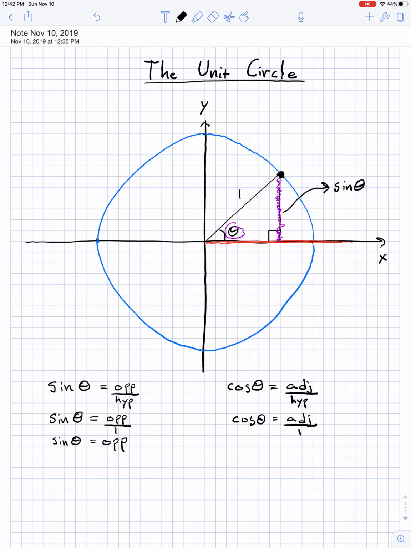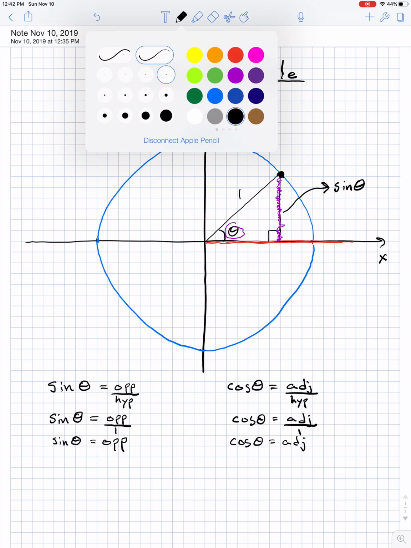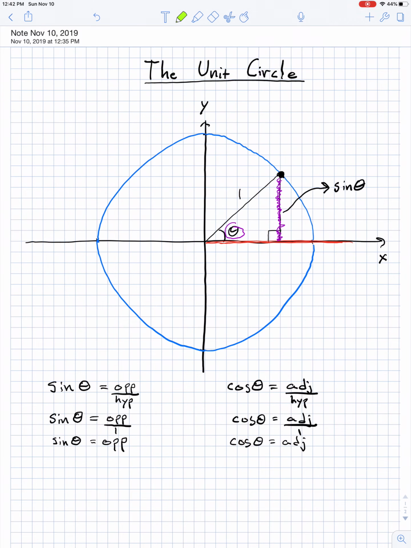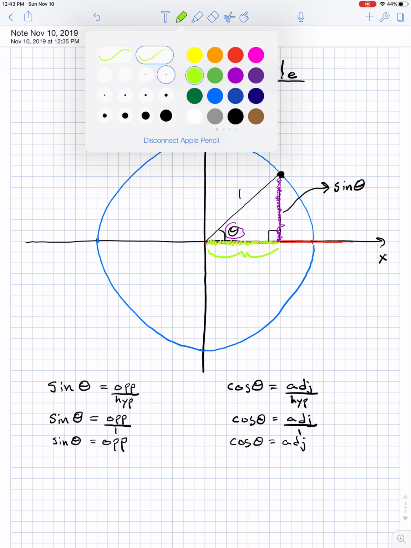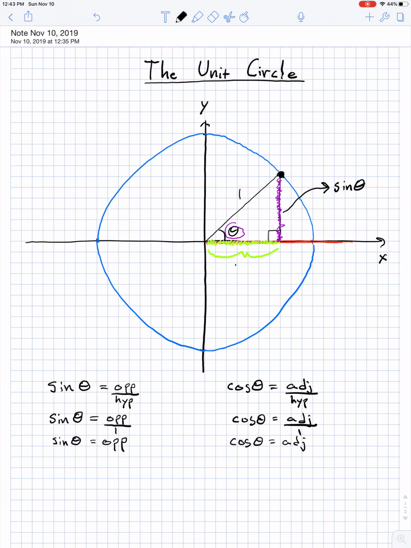And we find that in the case of the unit circle, the cosine of theta is equal to the length of the adjacent side of the triangle. In other words, let's get another color here, we'll go green. The adjacent side of this right triangle, which I'm doing in green here, in the case of the unit circle, will be equal to the cosine of theta.